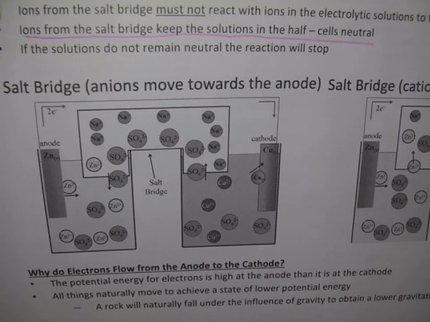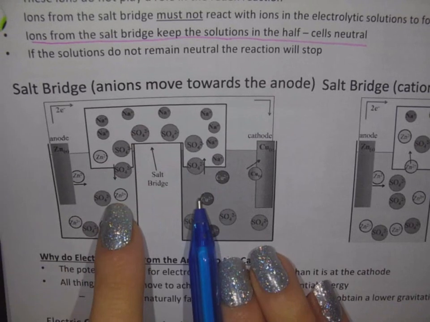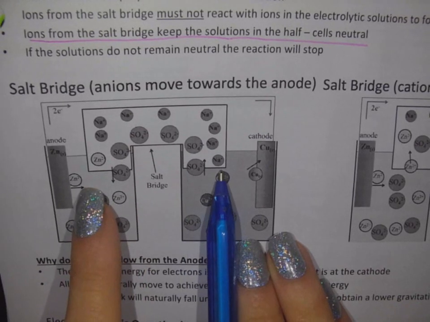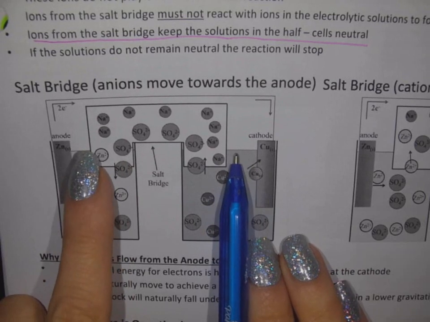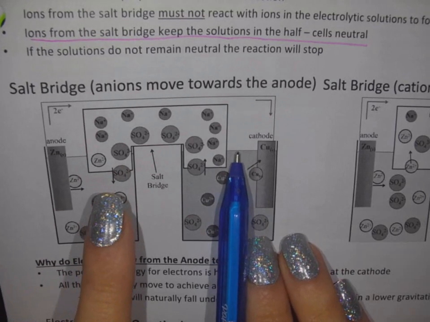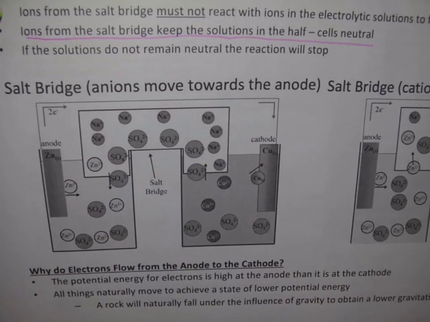Because if we just had solution, the water would fall down and wouldn't be at a higher level than the solutions here. It's an ion jello. When we make it gel, they're still able to travel through there.